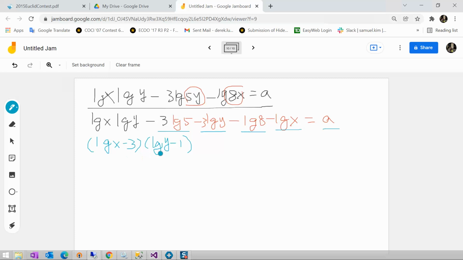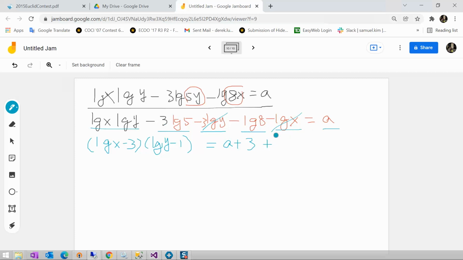So this log y x covers this one, and 3y covers this one, and 1x covers this one. We're missing 3. 3 not covered. We should give the 3, so plus 3 here. Now we cover everything. Now we have all the constants here.